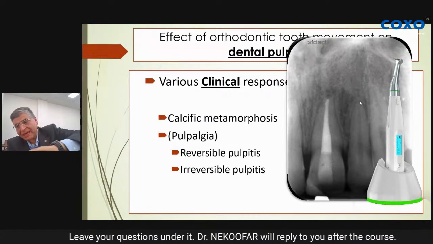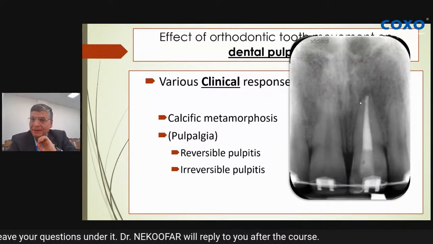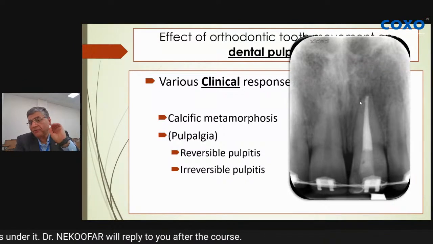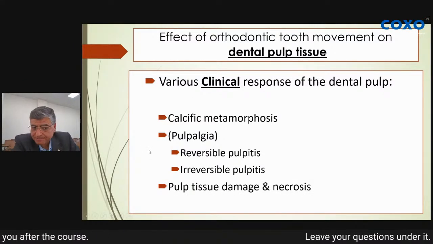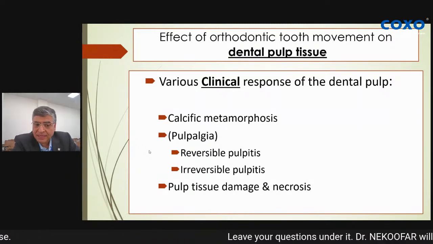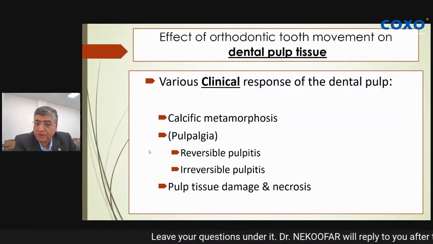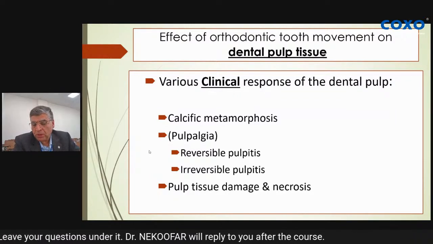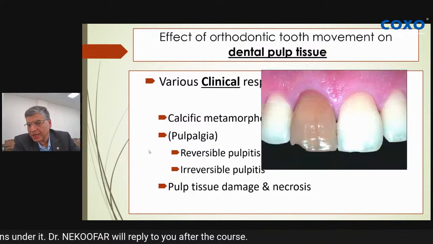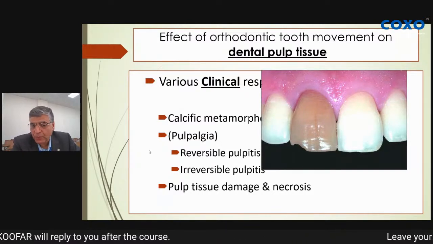So we will again need to be very careful about the treatment and keep an eye on the follow-up of the root canal treatment in that case. And as I said, we may have pulp tissue damage and necrosis rather than an inflamed pulp. So again, for pulp tissue necrosis, we may have discoloration as well.